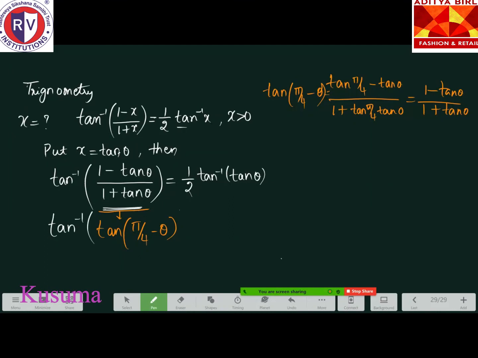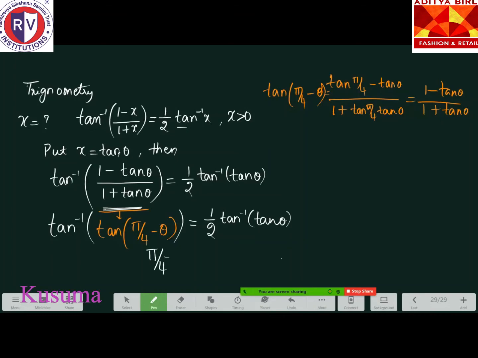So here the LHS is tan inverse of tan of pi by 4 minus theta, which is equal to 1 by 2 tan inverse of tan theta. Tan inverse of tan theta will give us theta.